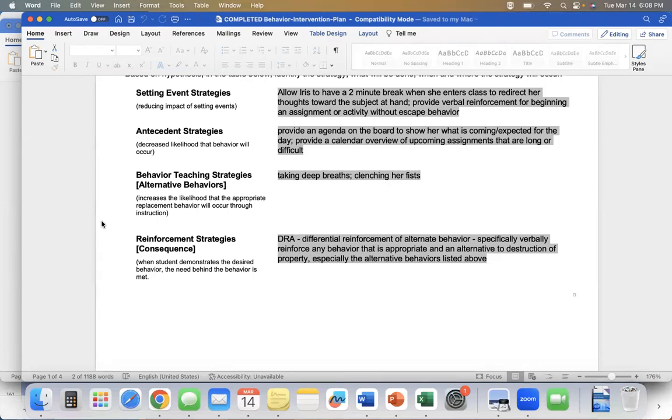So differential reinforcement of alternate behavior, or DRA, is when we would specifically verbally reinforce any behavior that is appropriate and is an alternative to the destruction of property. Okay, so looking at the alternative behaviors listed above, clenching your fist, taking a breath, anything that is an alternate to destruction of property, we are reinforcing.